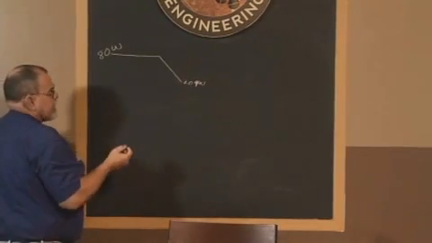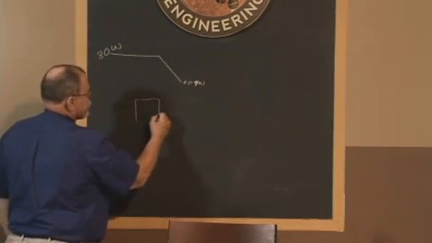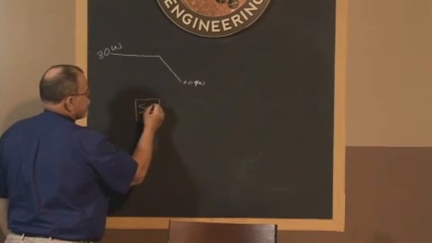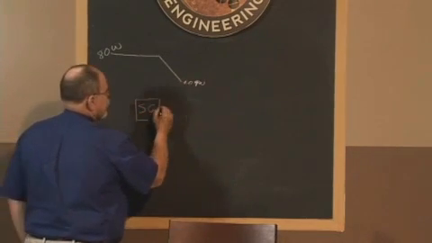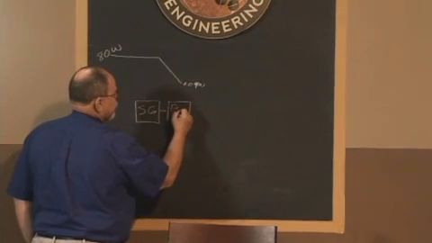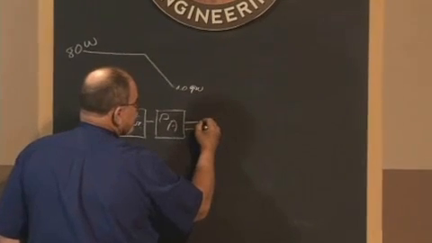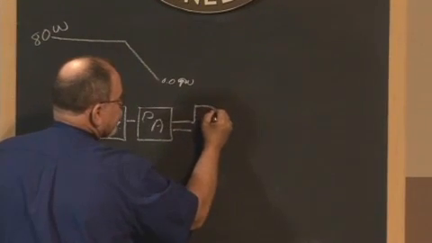The test circuit is, we're going to have our signal source, our signal generator, tied to a power amplifier, and this goes to our coupling transformer.